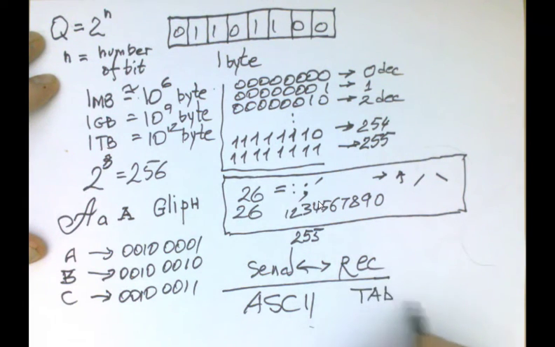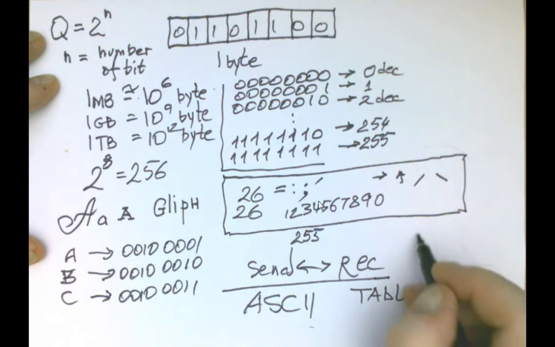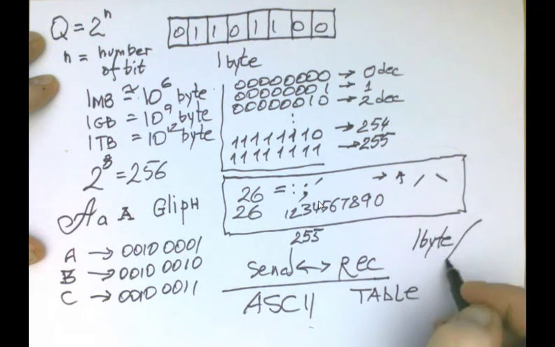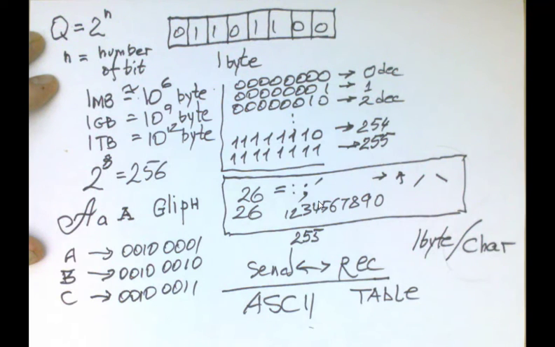You can find this table inside the topic where you watch this particular video. This ASCII code is only for Latin-based languages like English, French, Spanish, Portuguese, Italian, and it is an encoding table that uses 1 byte per character.